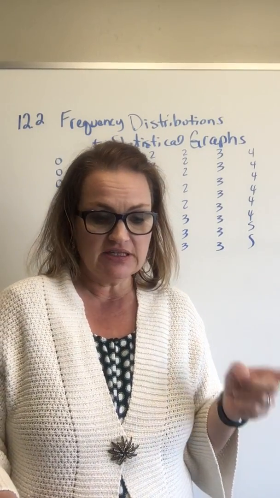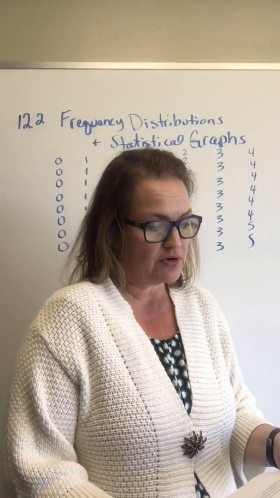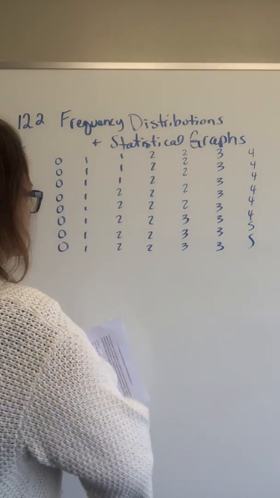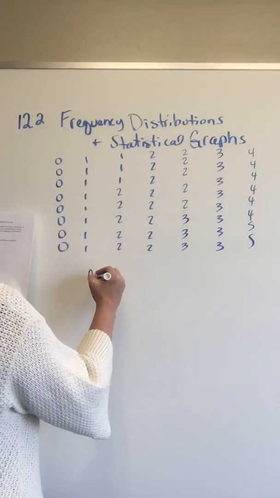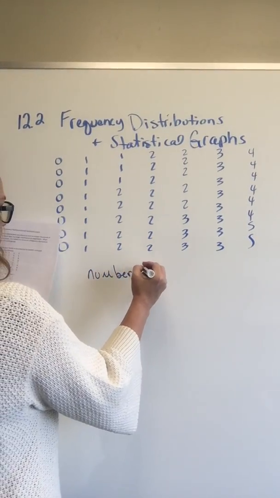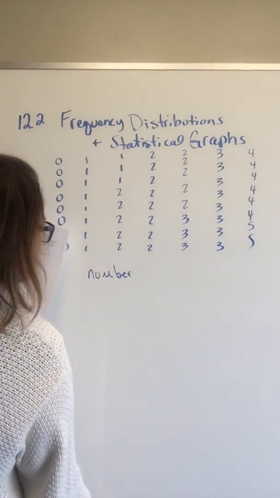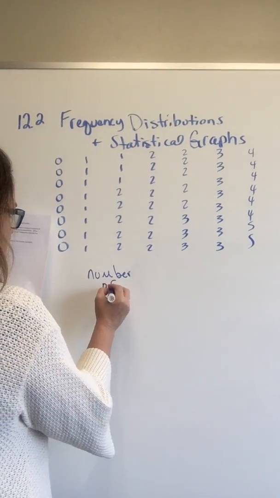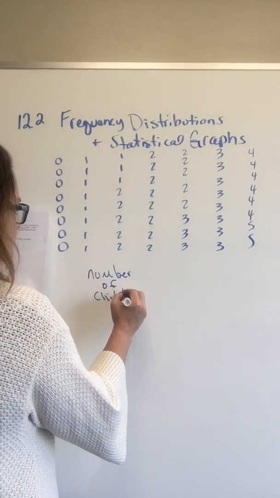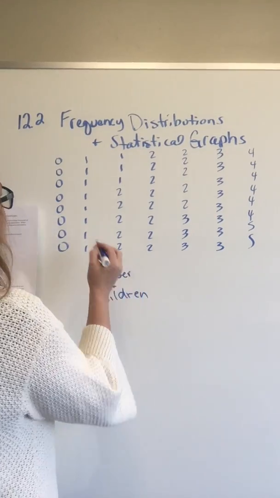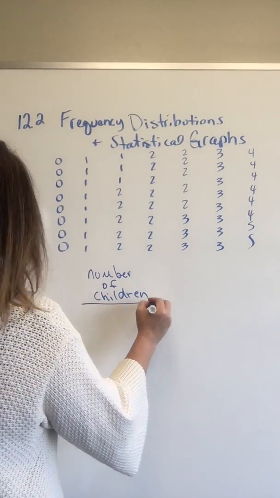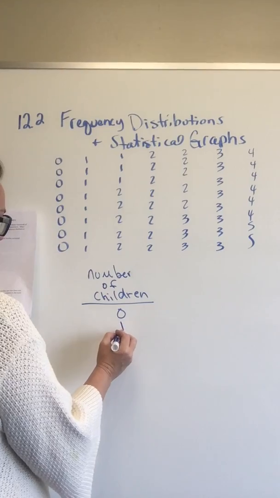But a frequency distribution will help even further. It will say, okay, let's count this up. How many people said each number of children? We look at our responses and see what we've got here. Some said there were 0, some had 1, 2.